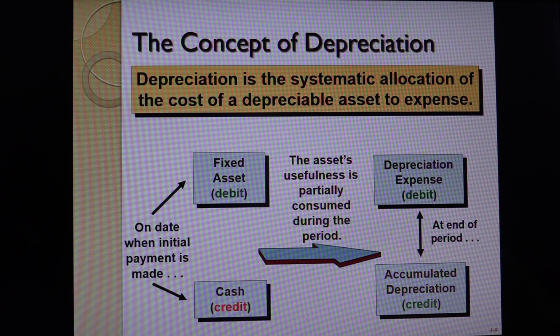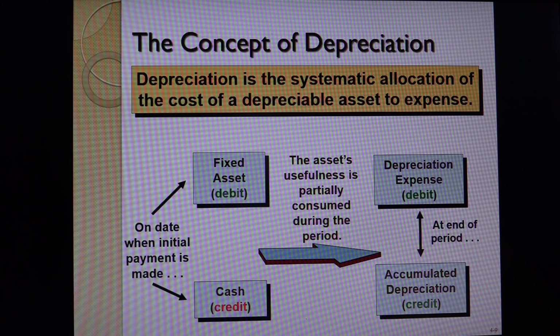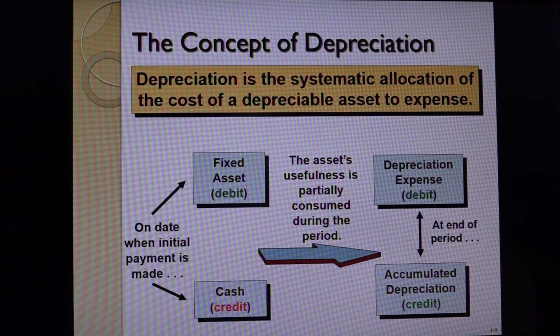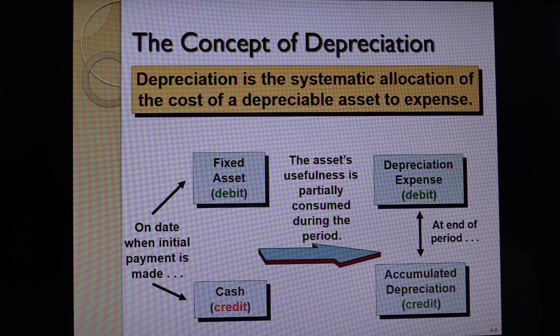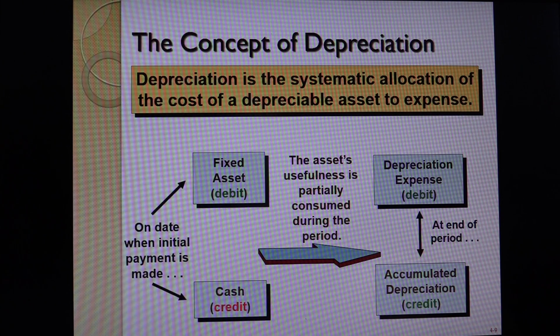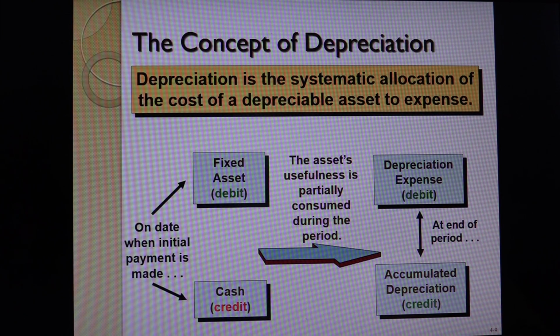You're going to debit the fixed asset account, in my example, as an asset called equipment. And as it points out here, the asset's usefulness is partially consumed during the period. And so you show this consumption through your depreciation expense.